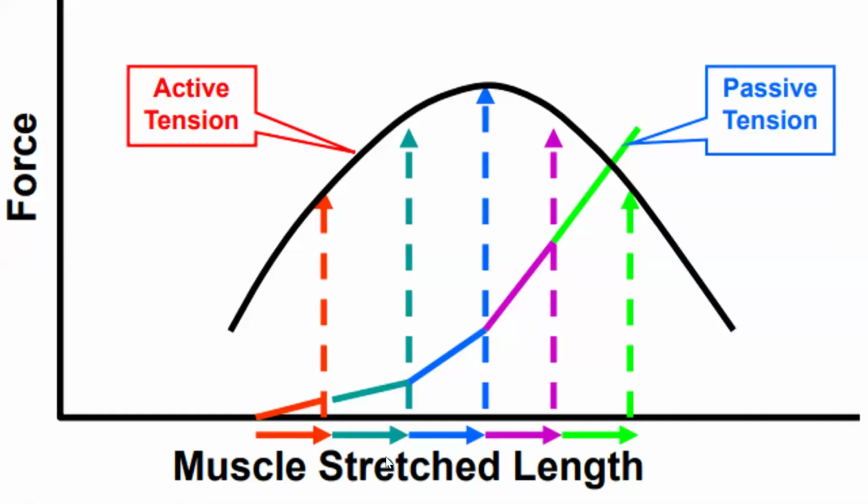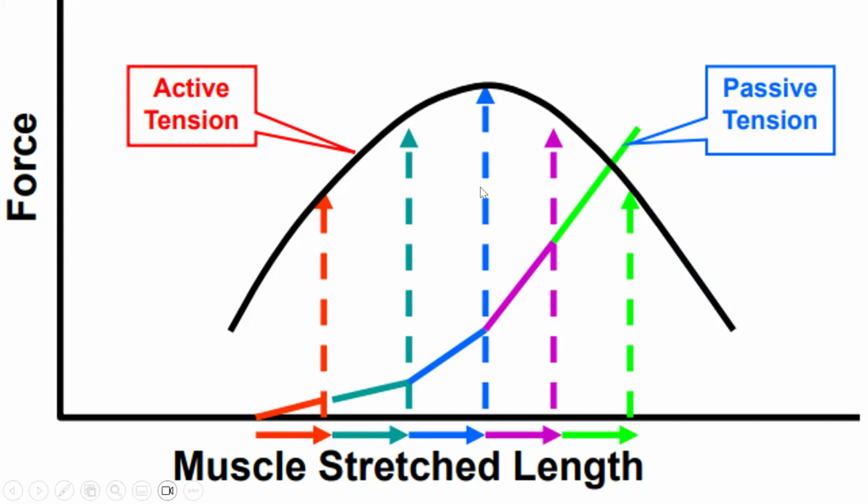Okay, now graphs. What I just discussed were definitions, explaining the meaning of these words. Now let's apply them with graphs. Now this blue line, if you can guess before I actually explain, describes which length of the muscle? It describes the optimal length of the muscle.